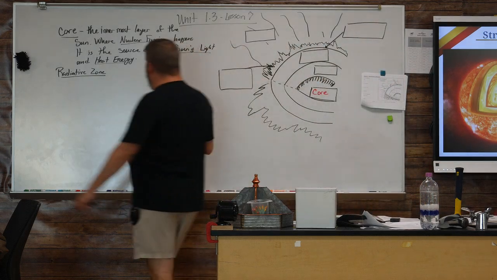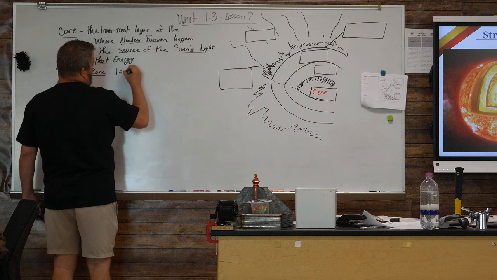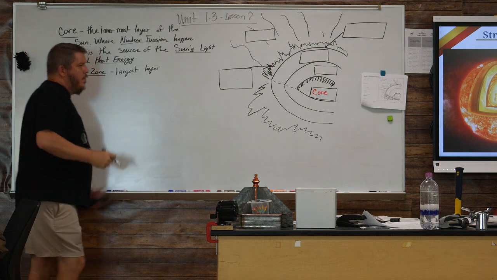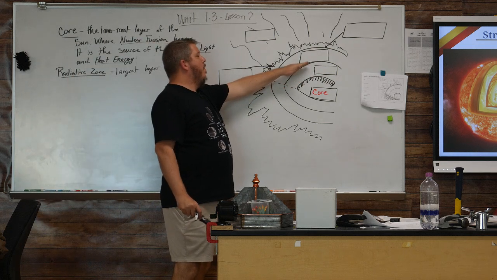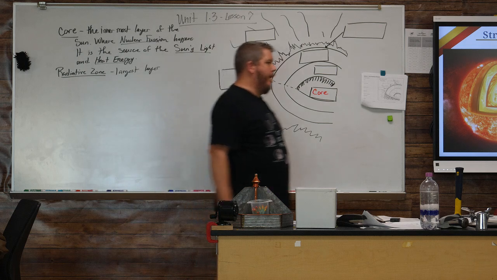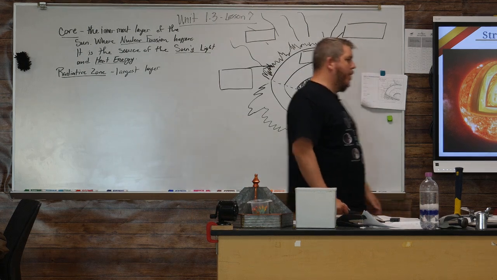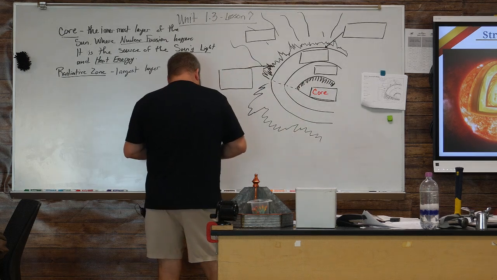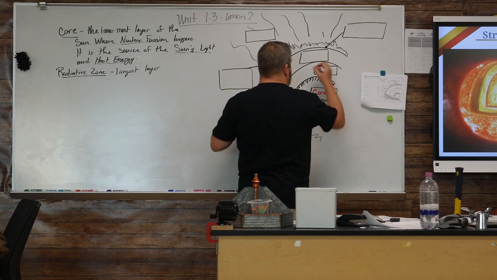Really, all I need you to know is that it's the largest layer, and that it takes light a long time to make it through this layer. That's why we call it the radiative zone. I've never once seen them test that one, but I want to make sure you're aware of it. I should probably label it in the diagram. So for yours, it's going to be that next layer, radiative zone.